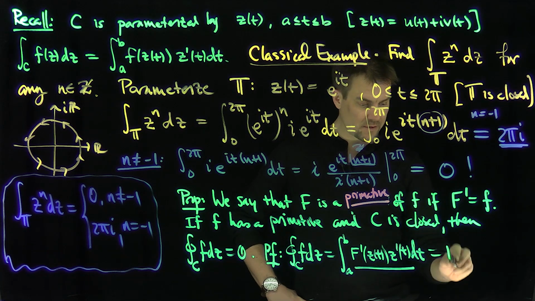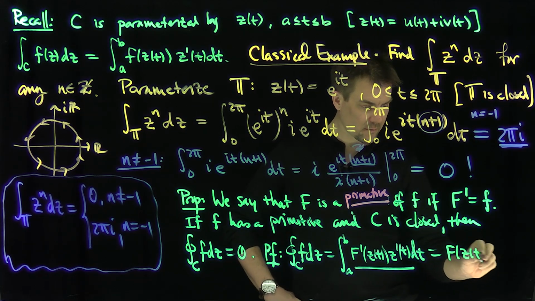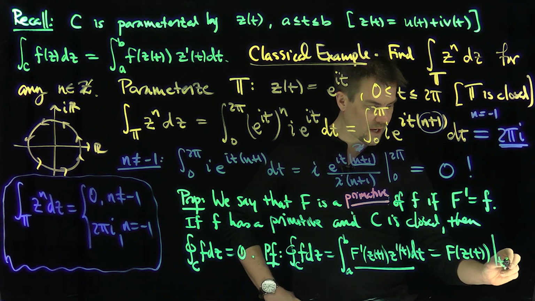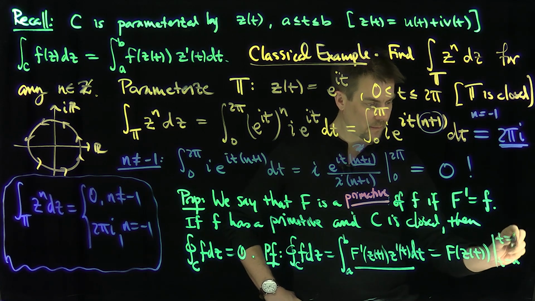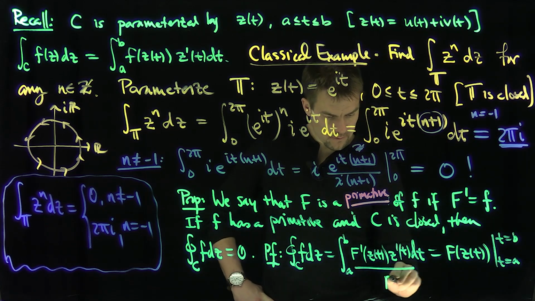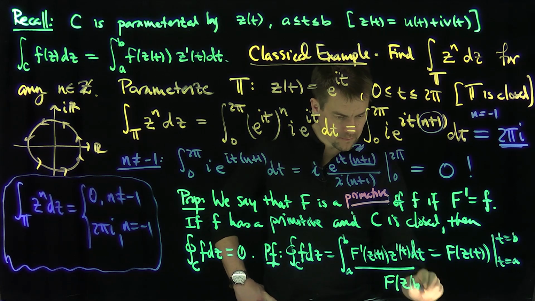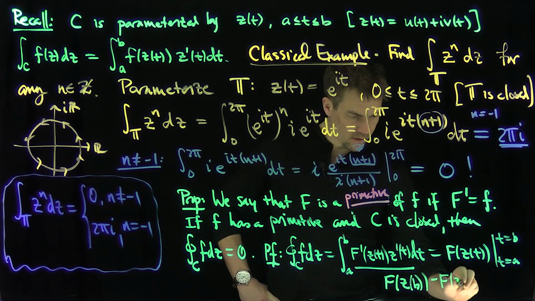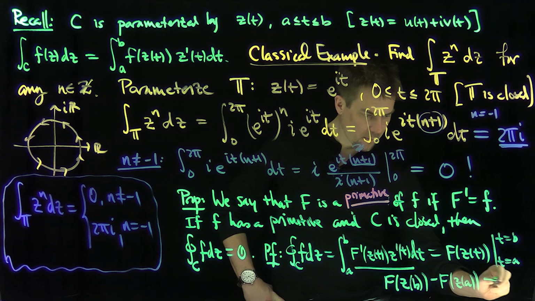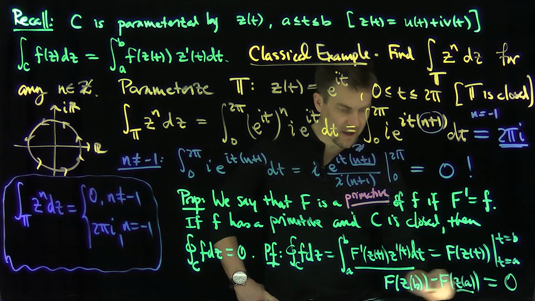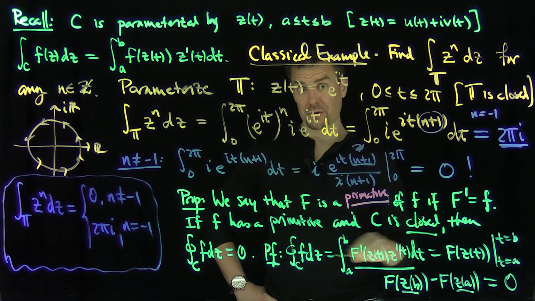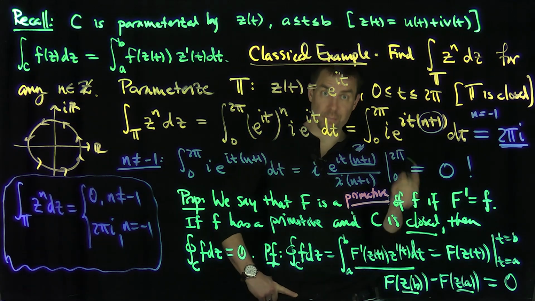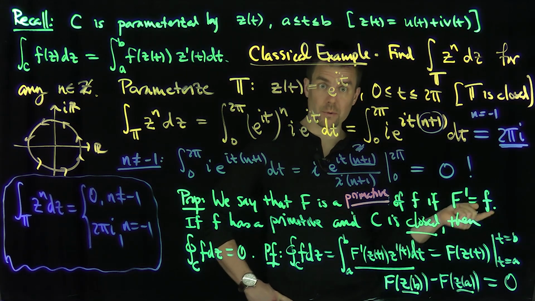So this is f of z of t from t equals a to t equals b, which is f of z of b minus f of z of a. But that's equal to what? That's equal to 0, because z of a and z of b are equal since the curve is closed, right? So if a function has a primitive, then the integral over a closed curve is equal to 0.